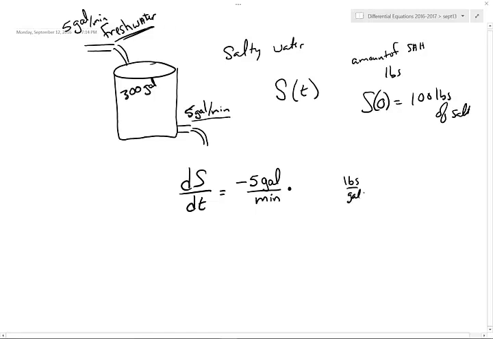There's going to be some pounds of salt always, in how many gallons? In 300 gallons. There it is. And so this cleans up to be dS/dt, of course the gallons cancel, and you're left with negative S over 60. At this point, I'm going to drop the pounds per minute, but that's what it needs to be in, because salt is in pounds and time is in minutes.